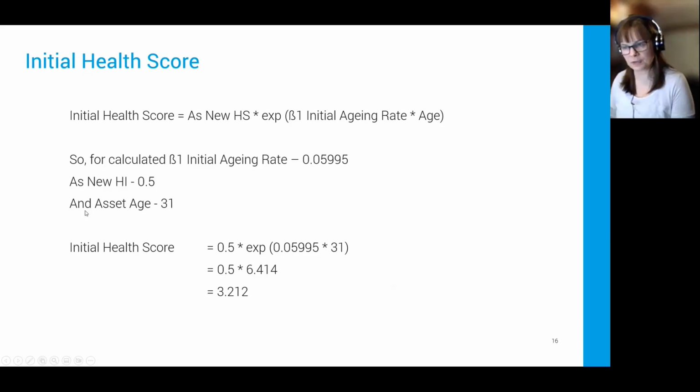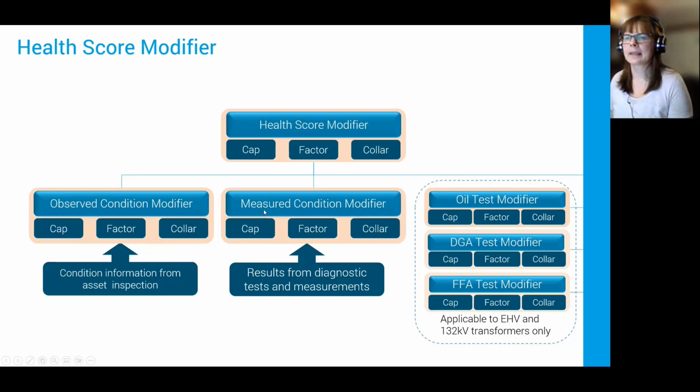So again, formula for the initial health score, and there's a bit of an example there in terms of how we use that with that B1 initial aging rate that we just calculated a second ago. So once we've got our initial health index, we now want to look at our modifiers. So our modifiers are our specific condition information that tells something about that asset.